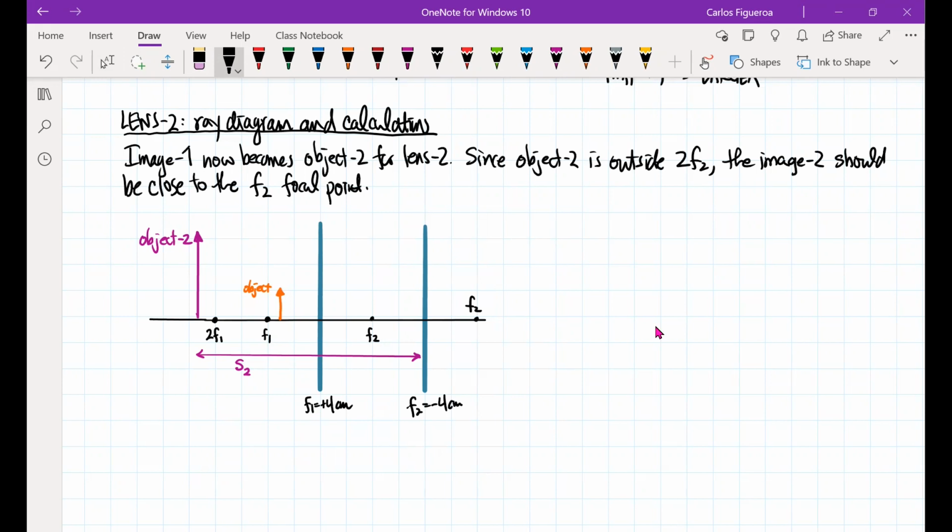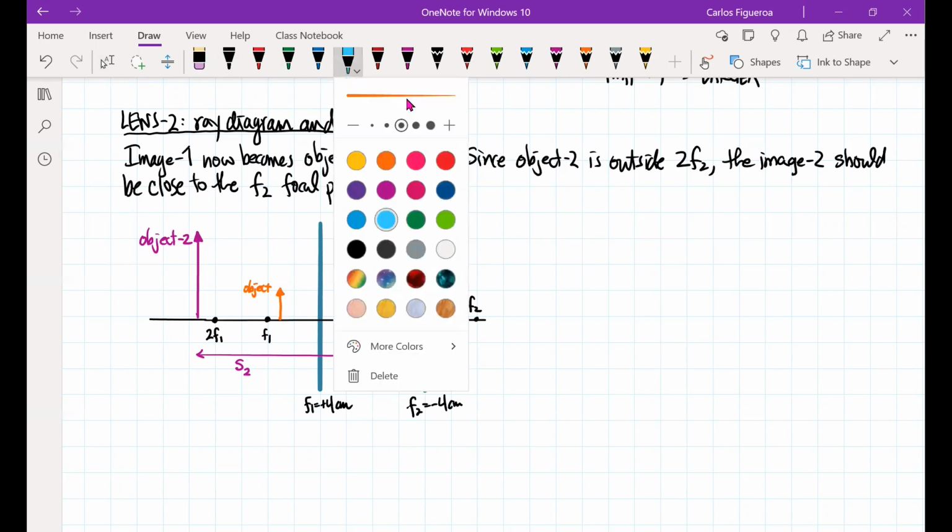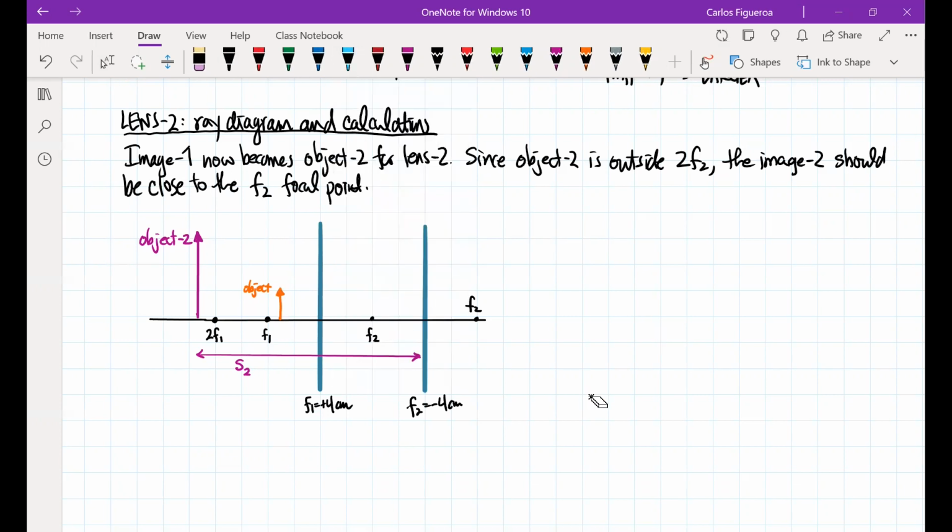One of the things we have to remember is that they told us that the separation between here and here is 8 centimeters, which will become important in a bit. But I'm not going to put it here because that's going to become a problem when I draw my ray diagrams. So let's draw the ray diagram first.